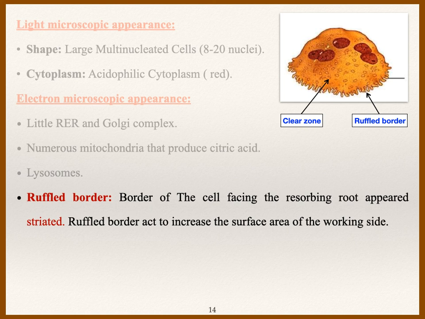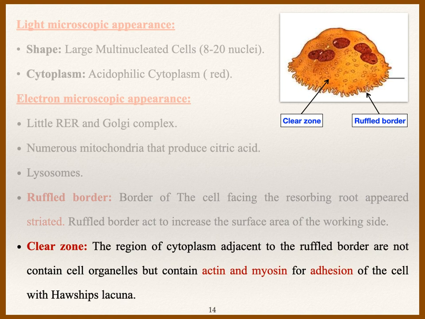The border of the cell facing the resorbing root appears striated. The ruffled border acts to increase the surface area of the working site. Clear zone: the region of cytoplasm adjacent to the ruffled border does not contain cell organelles, but contains only actin and myosin, and this is needed for adhesion of the cell with the Howship's lacuna.